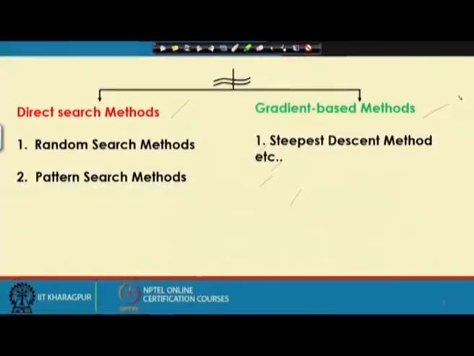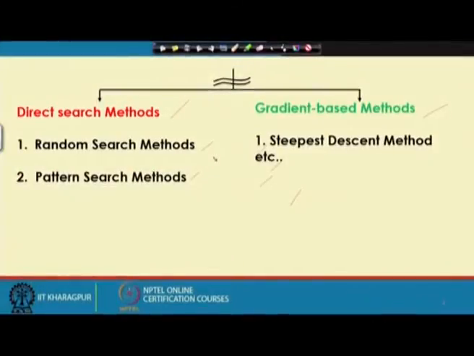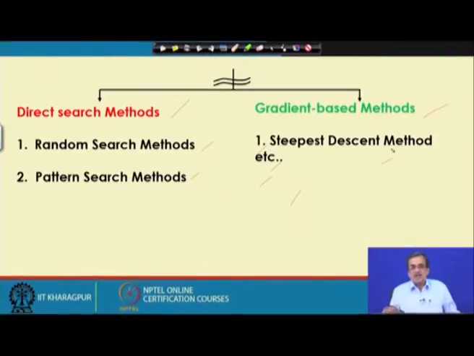We have a few direct search methods, for example, random search method, pattern search method, and so on. Similarly, we have a few gradient based methods like the steepest descent method and others. Out of all the traditional tools for optimization, the steepest descent method is found to be the most popular one.